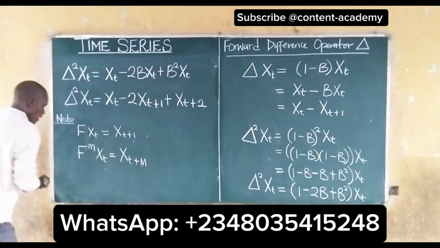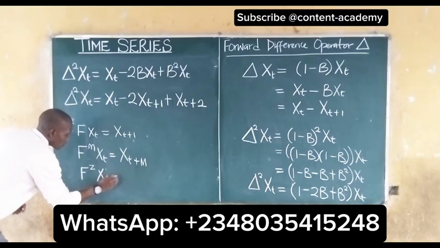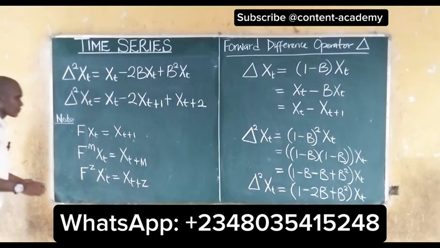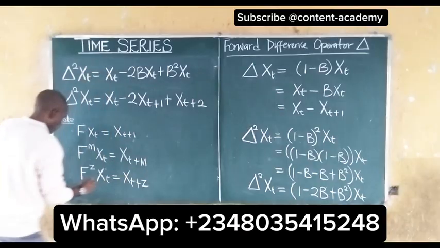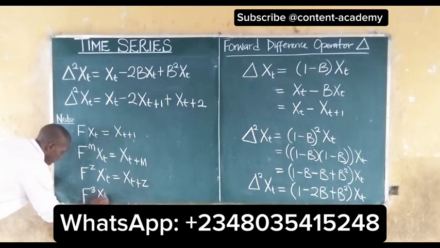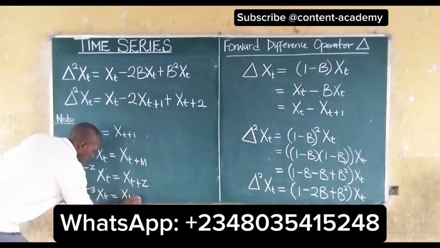Now, we also have our forward shift, which is equal to z. It's the same thing as Xt being equal to Xt plus z. Also, if we have F raised to the power of 3 Xt, it's the same thing as Xt plus 3.